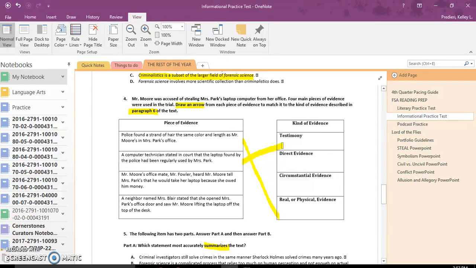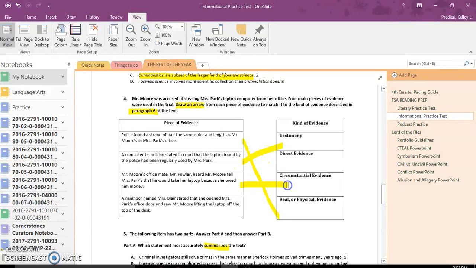Mr. Moore's office mate, Mr. Fowler, heard Mr. Moore tell Mrs. Parks that he would take her laptop because she owed him money. Okay, so that's circumstantial. Somebody heard somebody say something, and you can't necessarily trust what somebody would hear, so that's circumstantial.